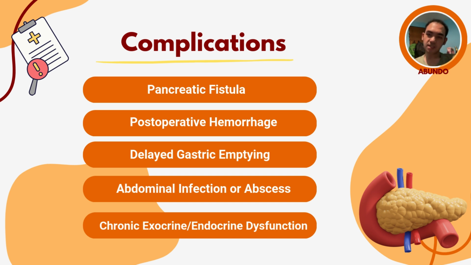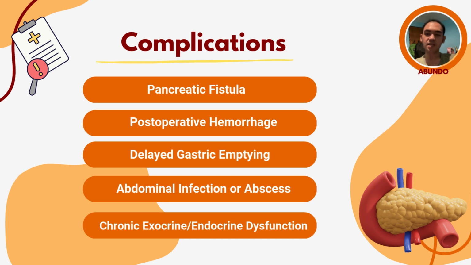Last complication is the chronic exocrine and endocrine dysfunction. Despite efforts to preserve pancreatic tissue, some patients develop long-term dysfunction. Exocrine insufficiency leads to poor digestion, steatorrhea, and weight loss due to insufficient production of digestive enzymes.